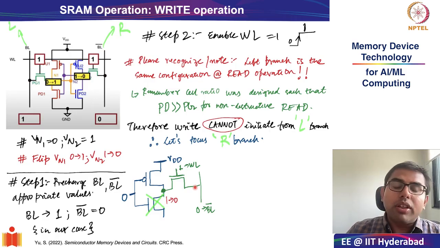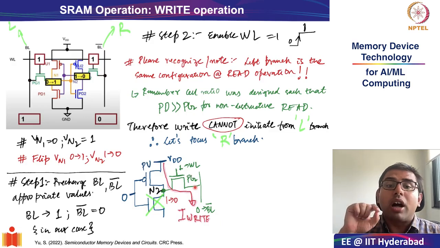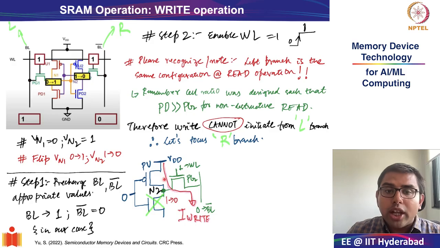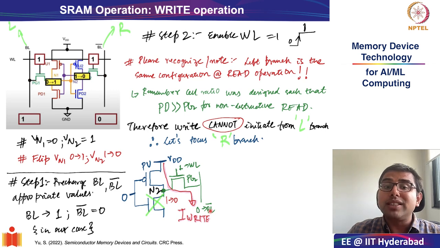Now, unlike the previous read operation, there will be a current that will now flow from the VDD through the pass gate transistor. Why is that the case? Because in read, bit line bar was precharged to 1, but now bit line bar, remember, is precharged to 0. So now let's do the analysis.